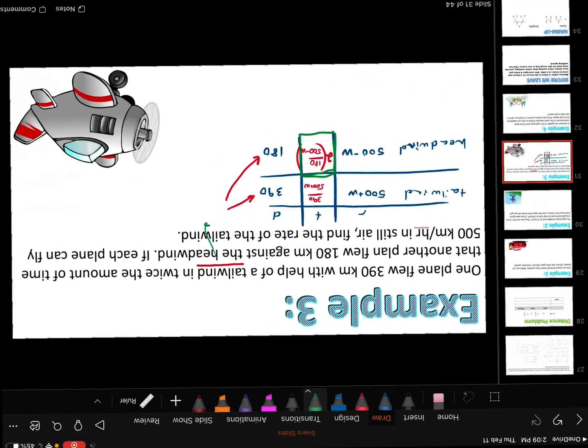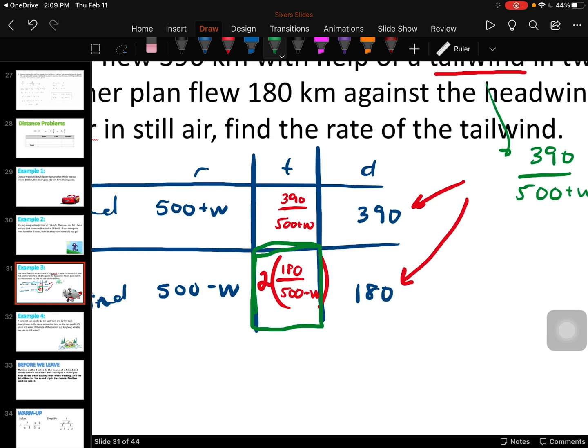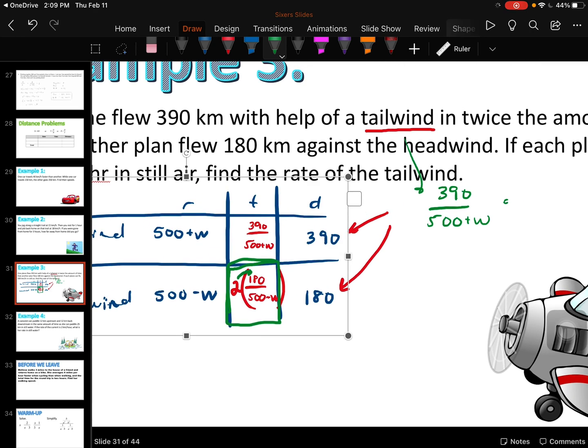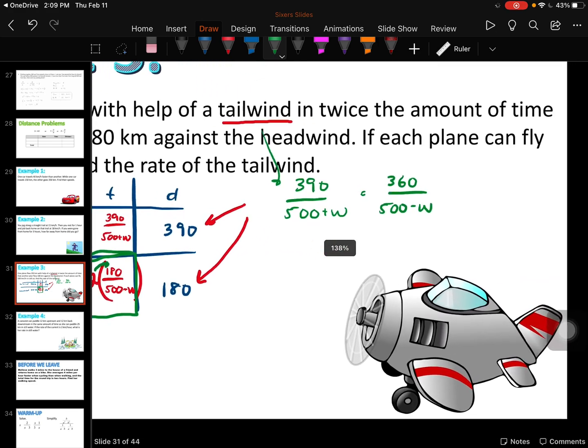So my equation is going to go 390 over 500 plus W equals, and then I'm going to multiply this into the top now, 2 times 180, which is 360, over 500 minus W. And then we'll just solve this like normal.